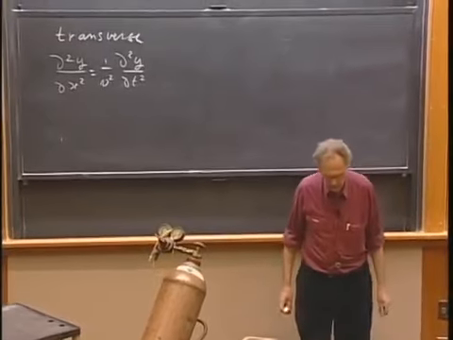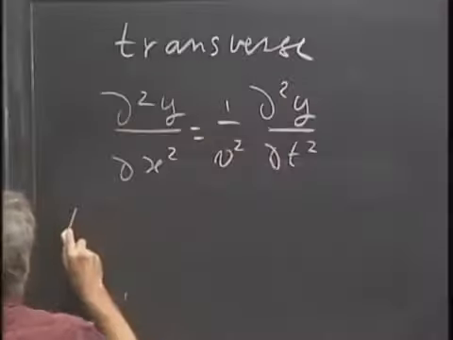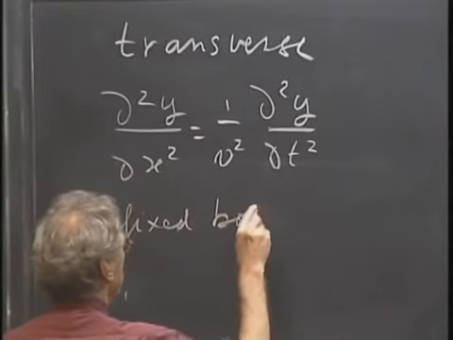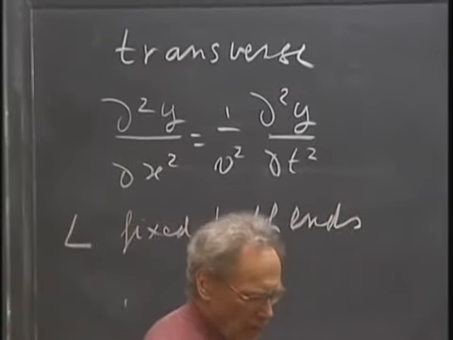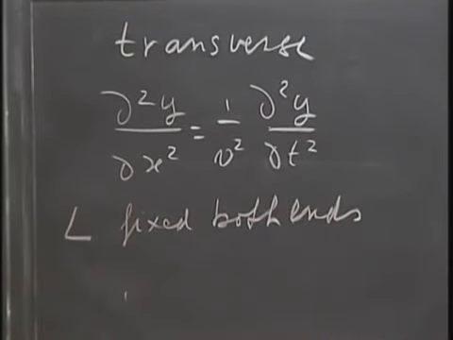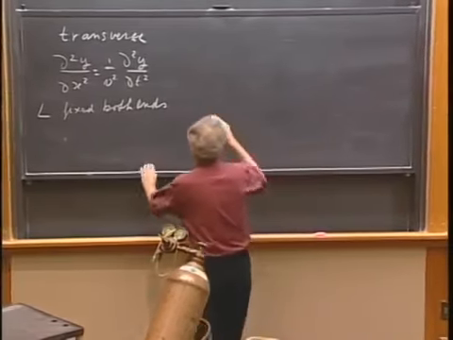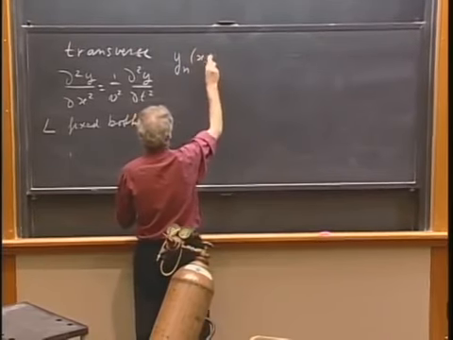So for instance, if we have a string with length L, and it is fixed on both ends, then the boundary conditions determine the precise allowed solutions. We call them eigenstates in quantum mechanics. And I can write down now the displacement y in the nth mode as a function of x and t.